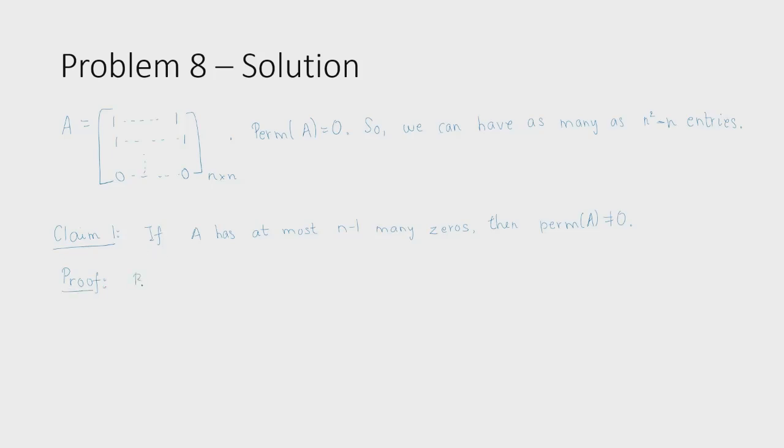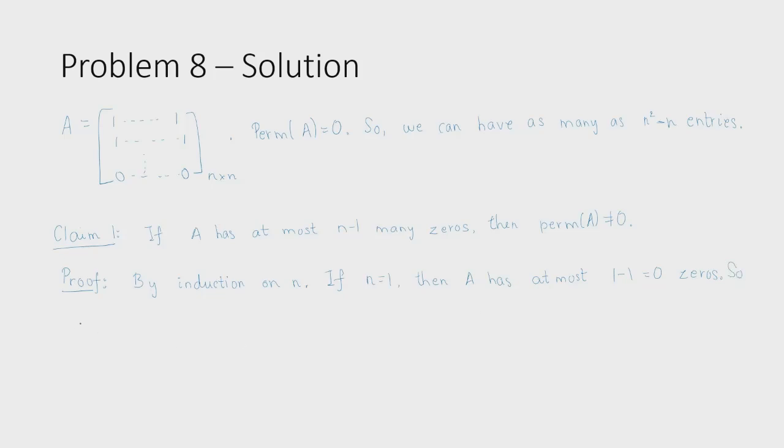The proof is by induction on n, the dimension of A. The base case is n equals 1. Then A has at most 1 minus 1 equals 0 zeros.